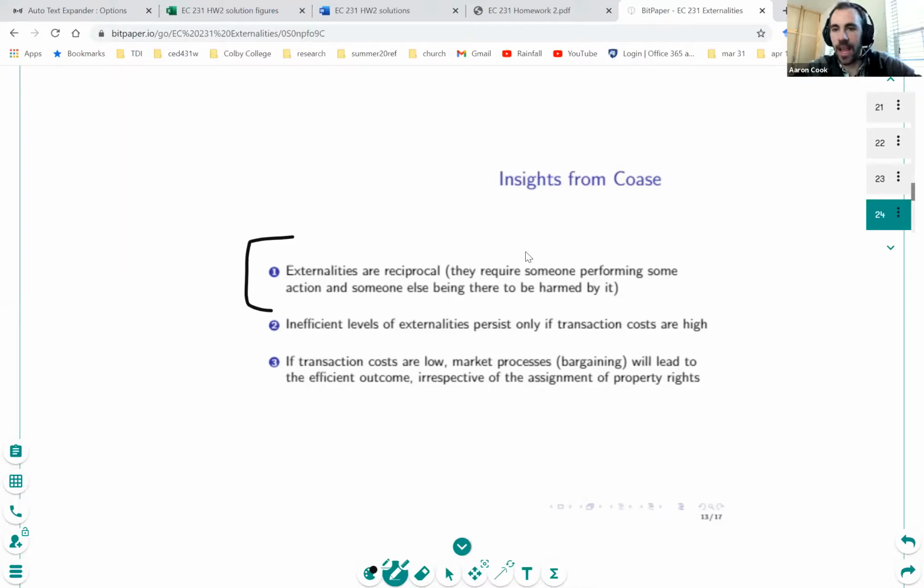If we think about that example of the wheat farmer and the cattle rancher, which Coase used in his article, it would be very difficult for the government, like the Department of Agriculture, to go around and figure out how many crops are being trampled by stray cattle. That's a problem that is much better solved by the people that are directly involved in it.